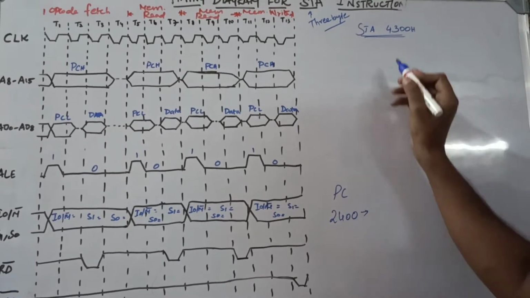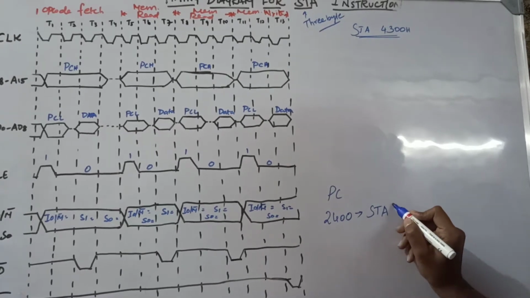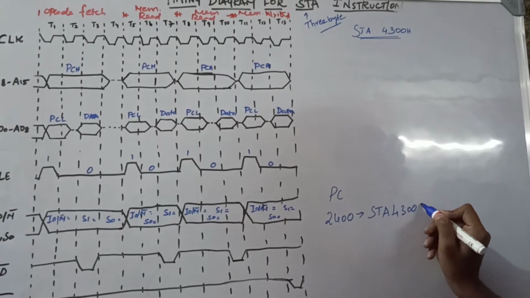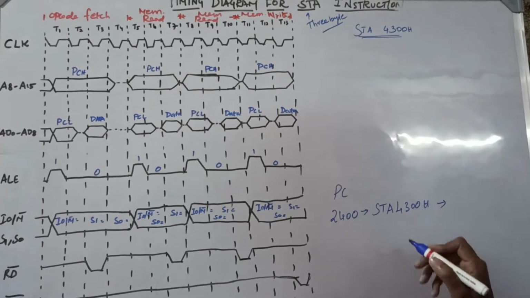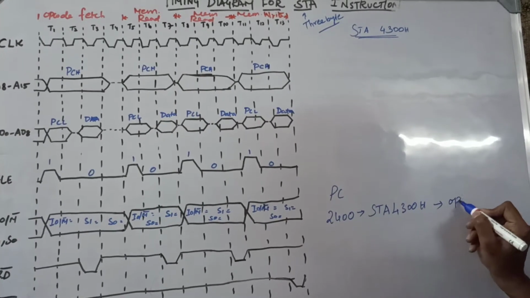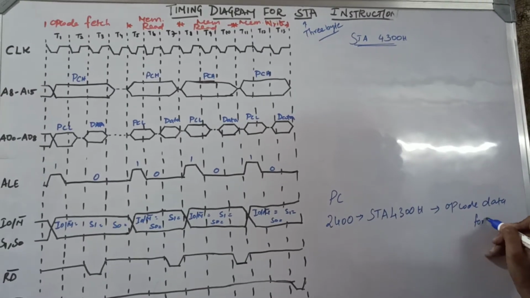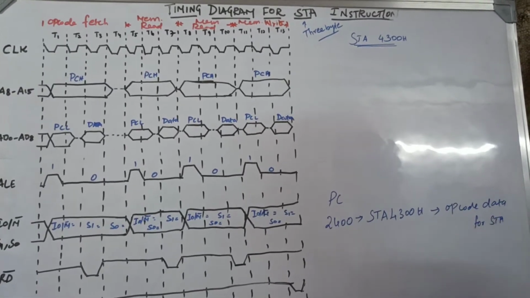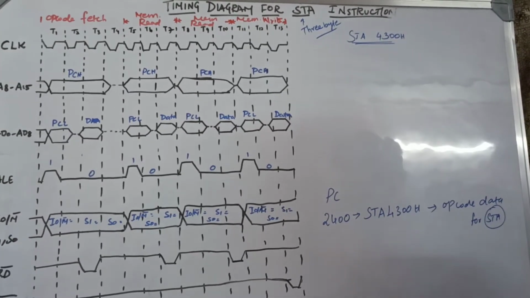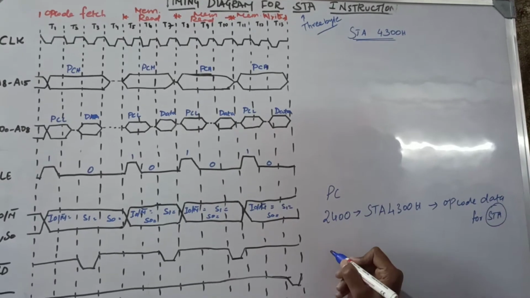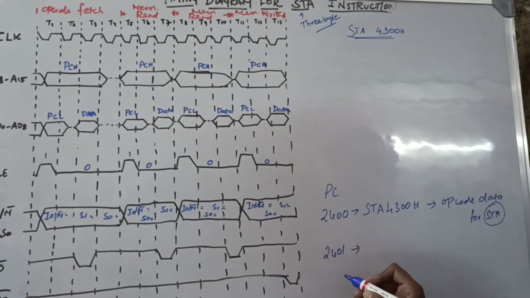This location points to the instruction, the given instruction STA 4300H. So this memory location represents the opcode data for the STA instruction. The opcode value is stored in the program counter location. Then the next location of the program counter is 2401.